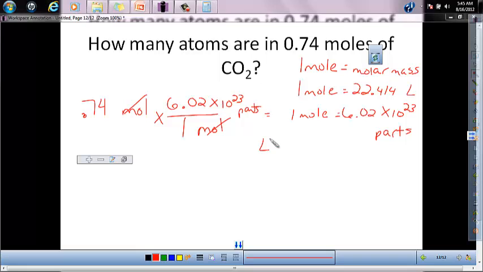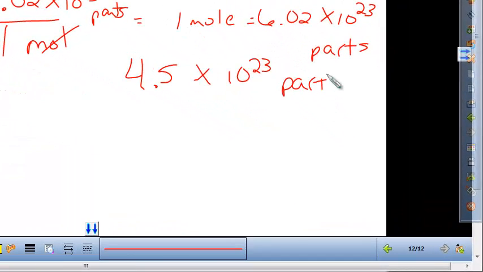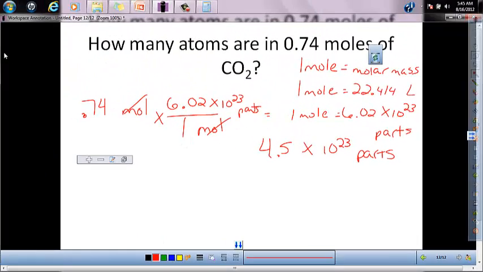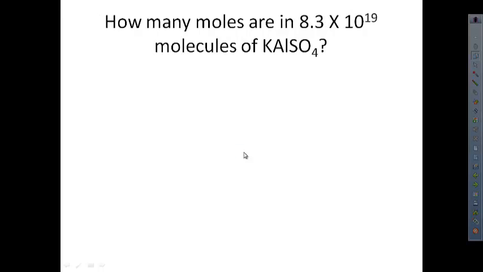So that should be 4.5 times 10 to the 23rd particles. Or you could have written atoms. That would have worked too. Ooh, that's fun, right? Let's do one more problem.